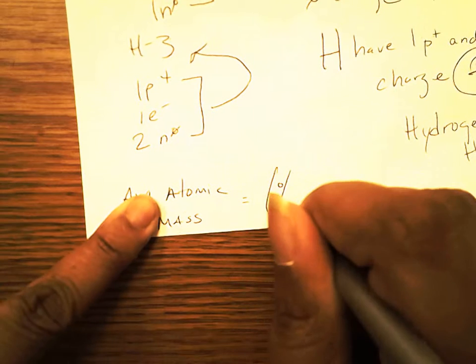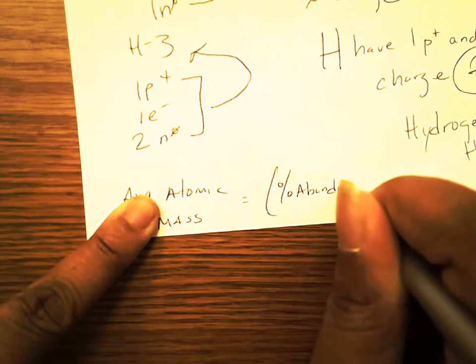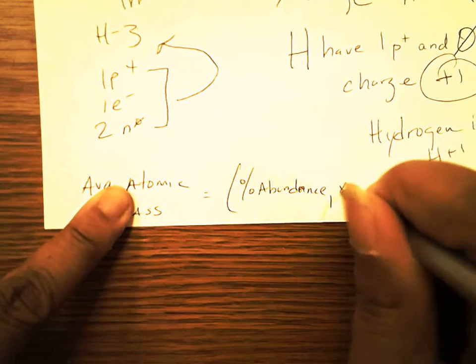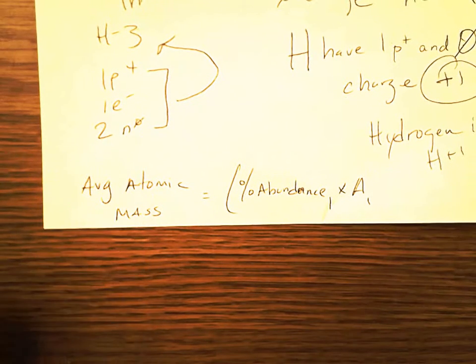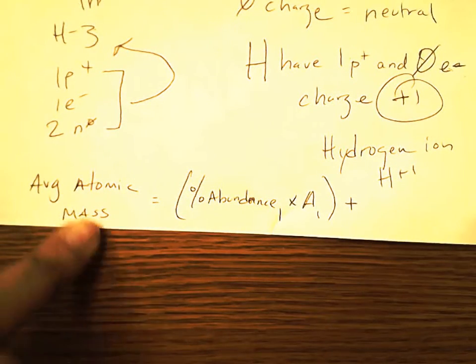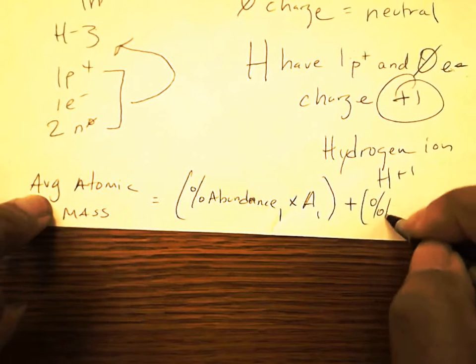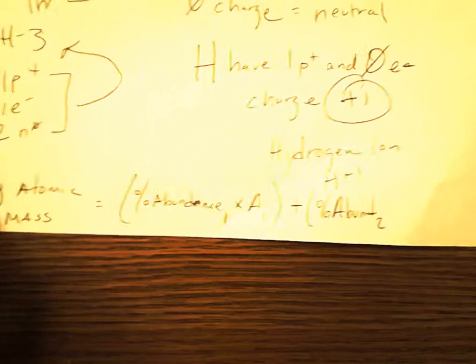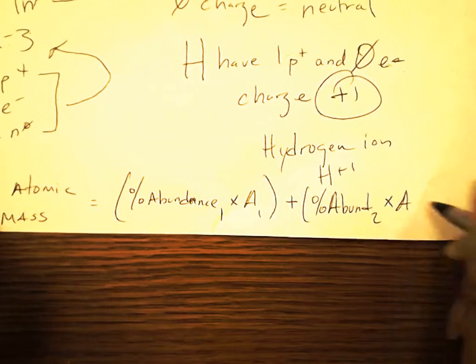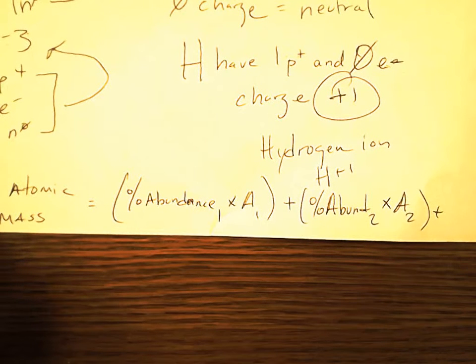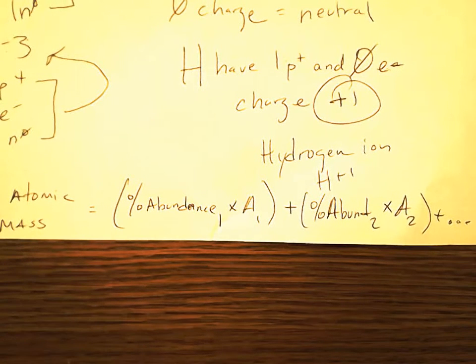It is percent abundance of your first isotope times the mass number of that first isotope, plus, if you have a second isotope, percent abundance of that second isotope times the mass number of that second isotope. If you have a third isotope, you repeat the process. If you have a fourth one, repeat the process, so on and so forth.